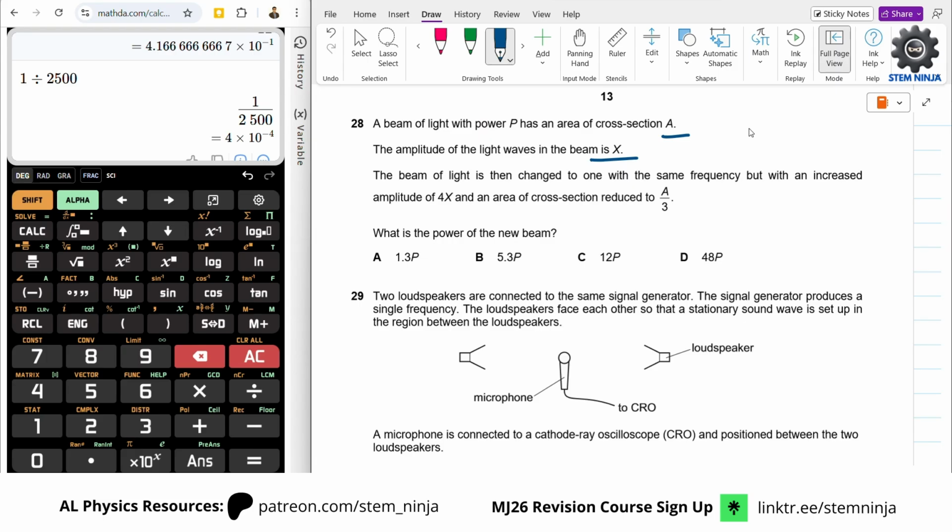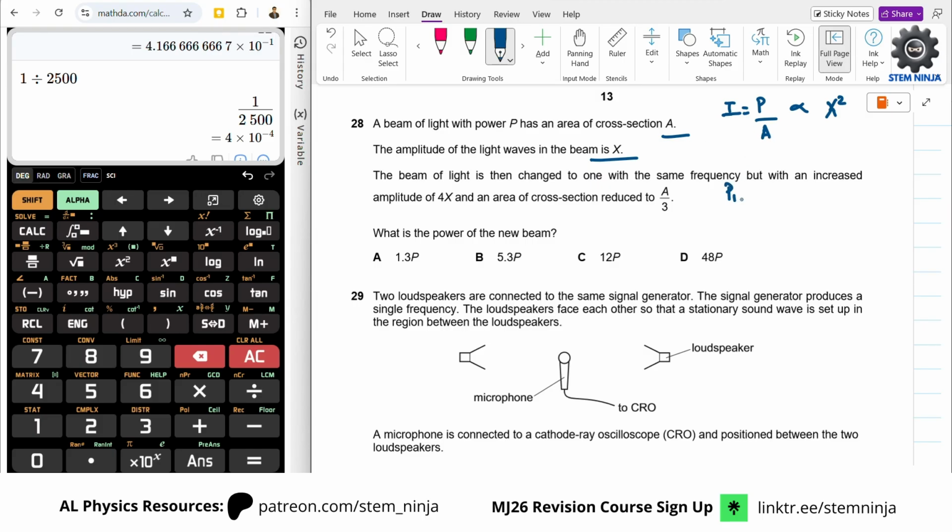What is the power of the new beam? We know intensity is power over area, and intensity is also proportional to amplitude squared, so I'm going to write this as x squared.